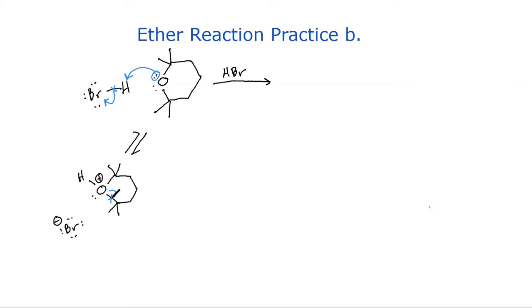When that carbon oxygen bond breaks and the oxygen keeps the electrons, the oxygen now will become neutral. If we did not pre-protonate it, we would of course be making an O-, and again, no O- in acid. So this gives us a tertiary carbocation.